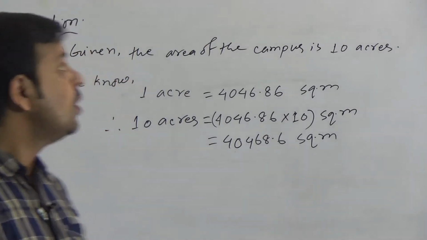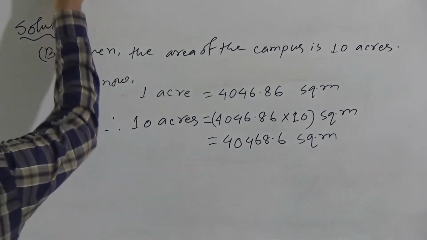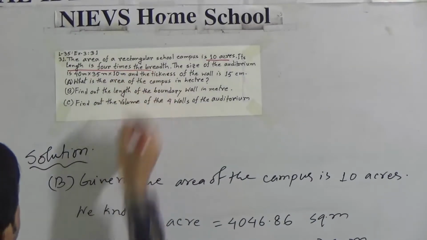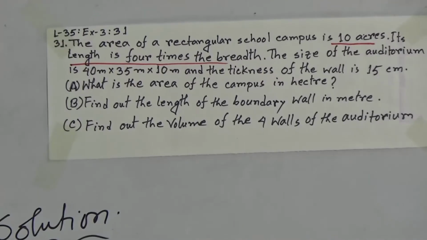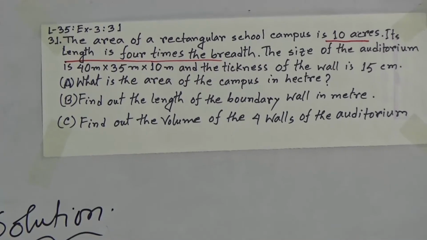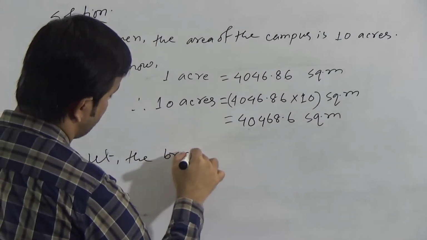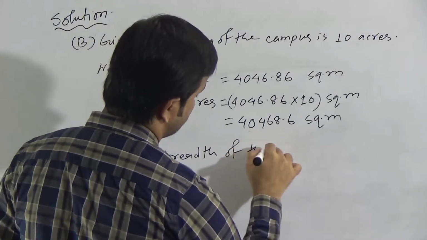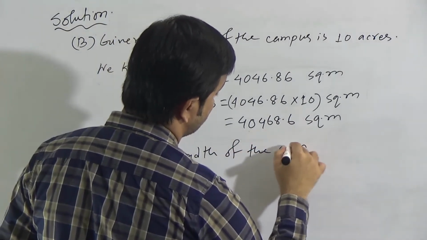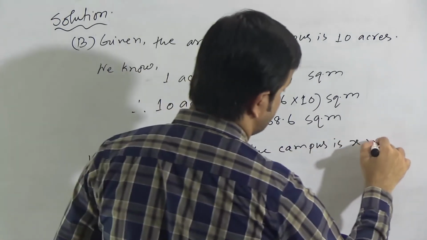Okay, now the condition is given here, length is 4 times the breadth. It means that if we consider the breadth is x, let the breadth of the campus be x meter.